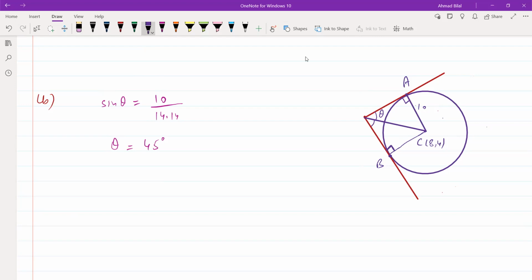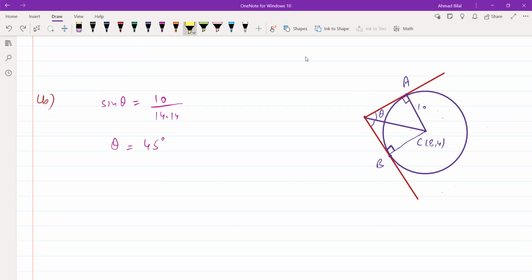It's a square because you see this angle is 90. This angle is 90 because it's radius and tangent. This angle is 90 because it's again radius and tangent. We have shown this to be 90. Three angles 90. The sum of angles in a quadrilateral is 360, so the fourth angle also has to be 90. All angles are 90 degrees.